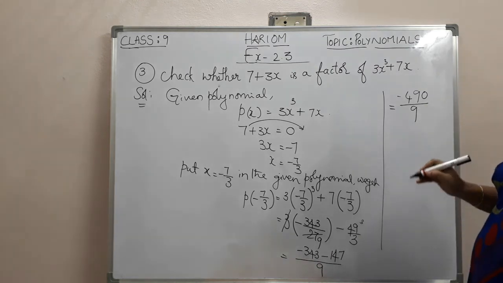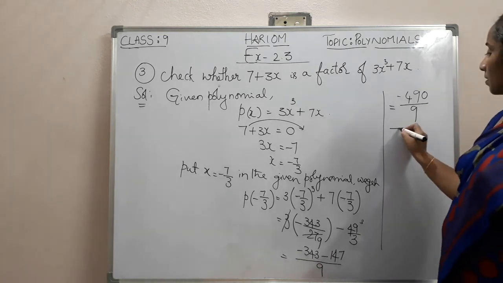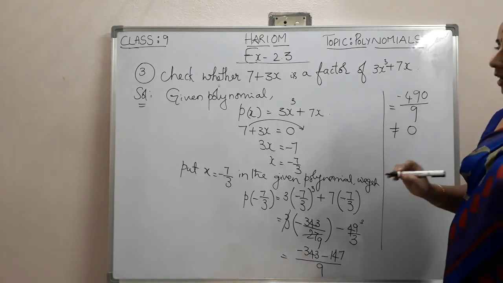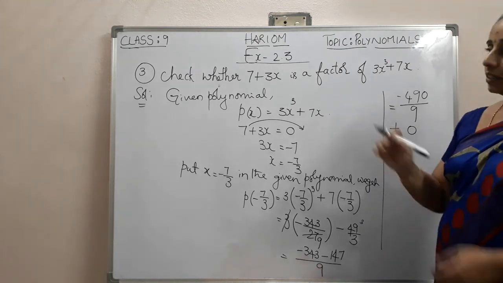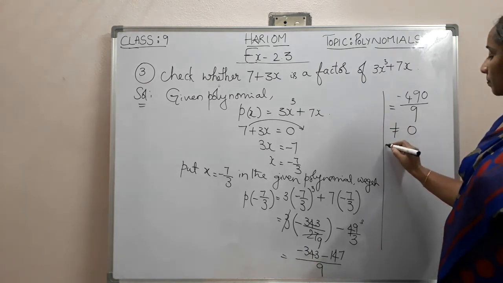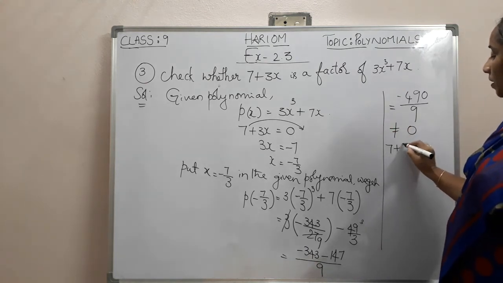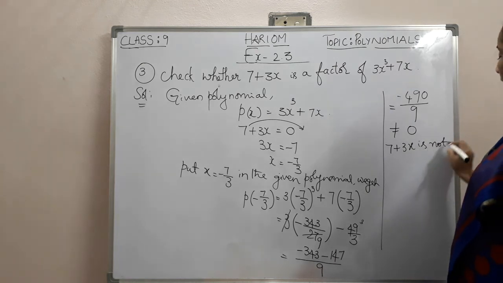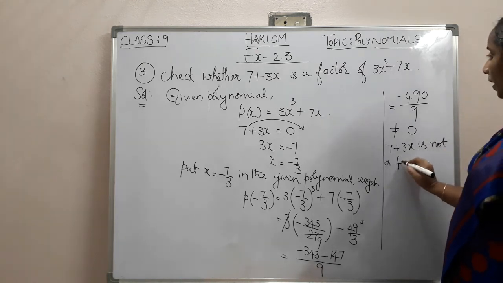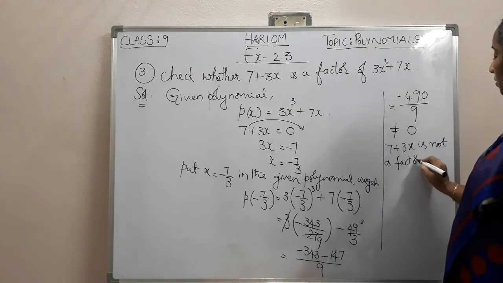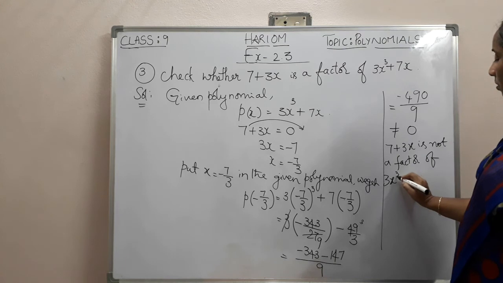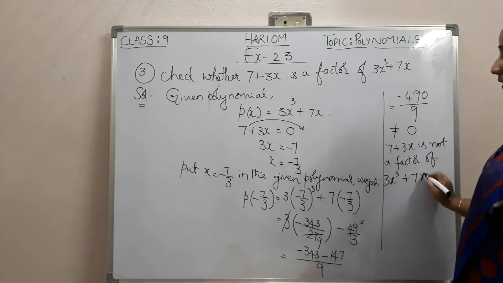Okay. So here this is not equal to 0. Hence we conclude that 7 plus 3x is not a factor of 3x cube plus 7x.